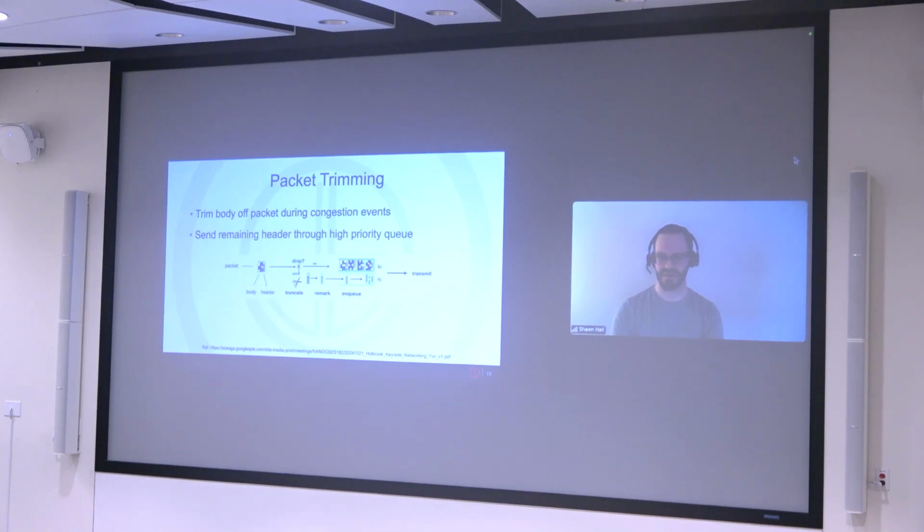Instead of just detecting out of order situations or having timers, the idea with packet trimming is that during a congestion event, your switch will trim the data off of the packet and leave the header, then put that header into a higher priority queue and send it along.